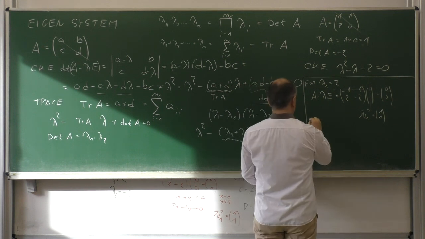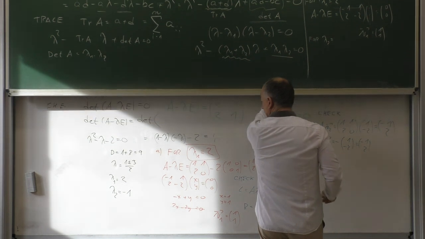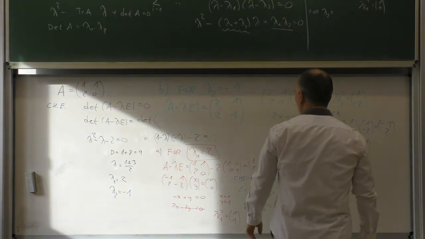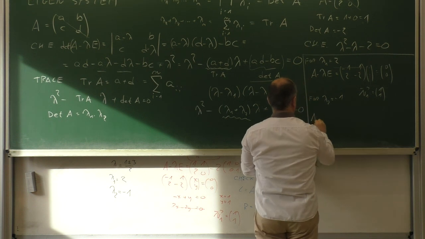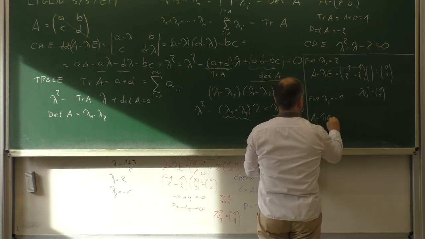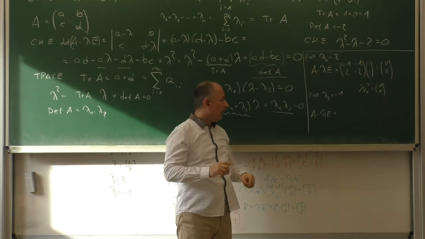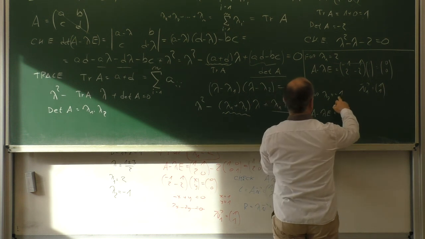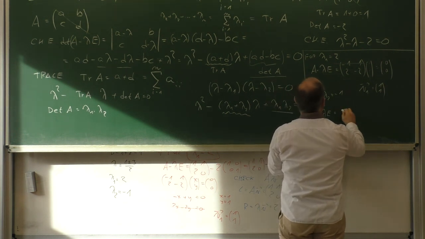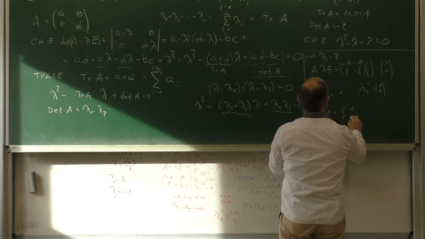And similarly, for the second eigenvalue, which was -1, the matrix A minus lambda E is generated from the matrix A when we subtract the eigenvalue from the entries on the diagonal. So we subtract -1, that means we add 1. So we have 1 plus 1 is 2. We copy 1, 2, and 0 plus 1 is 1.